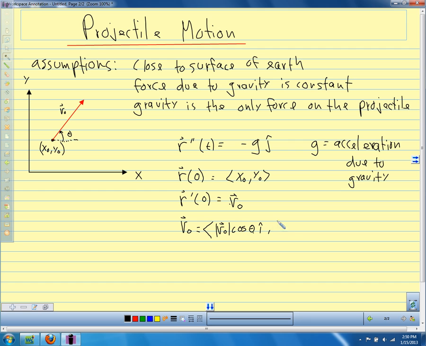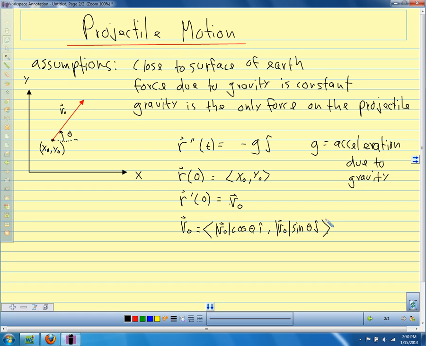So that gives us our x component of our initial velocity, and the magnitude of v0 times the sine of theta j. So that gives me the y component of our initial velocity. So that's our initial velocity vector.